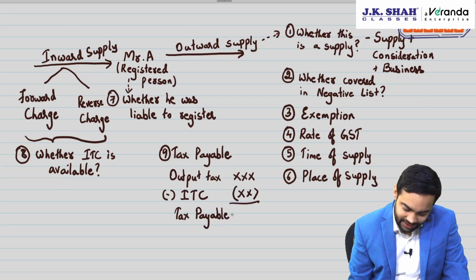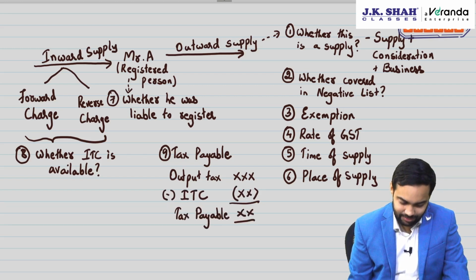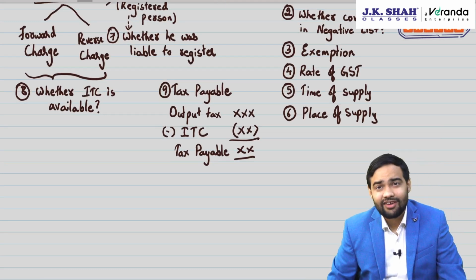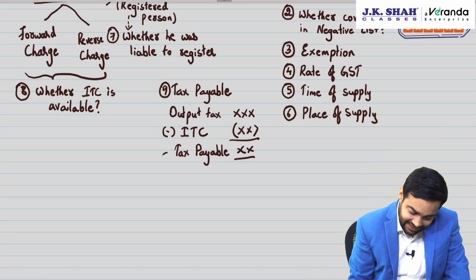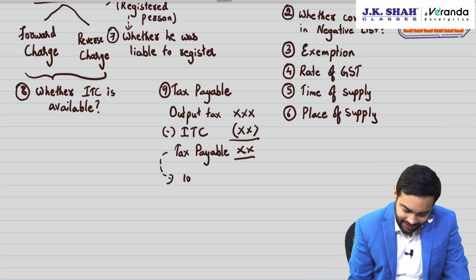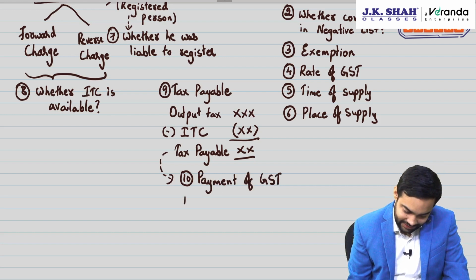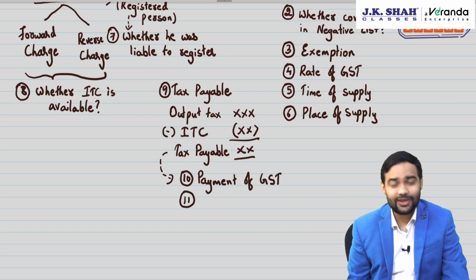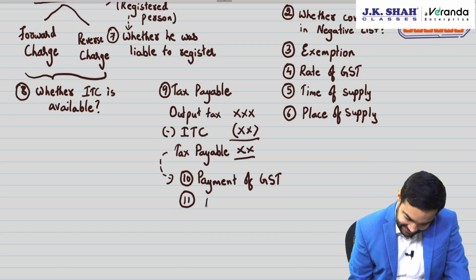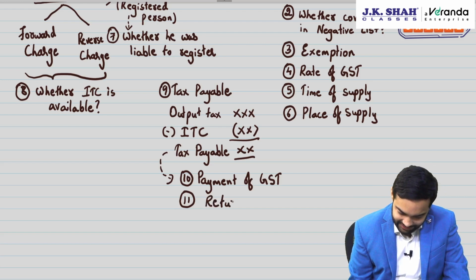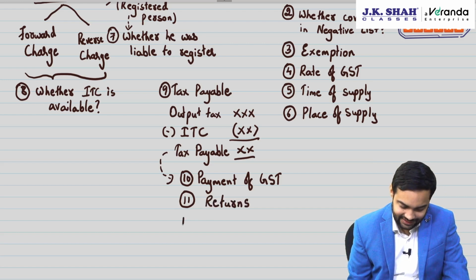Now the moment you compute your tax payable, should you pay it to the government? The answer is yes. You will learn the payment of tax in a chapter which is payment of GST. Once you pay the tax, are you required to report these? Yes, you are required to report these in GST returns.